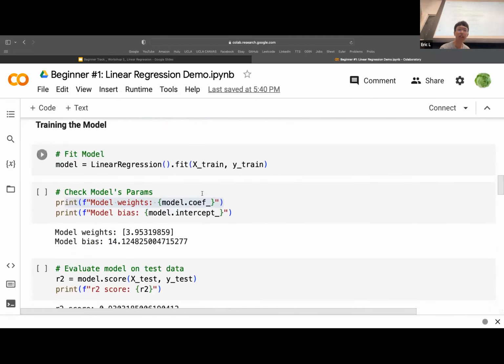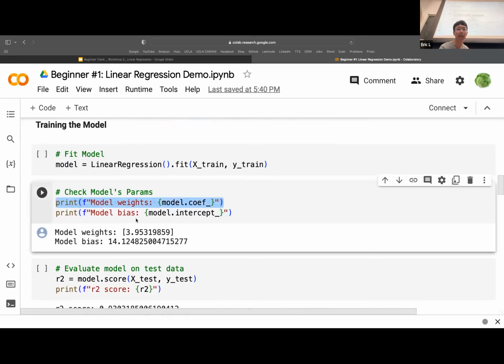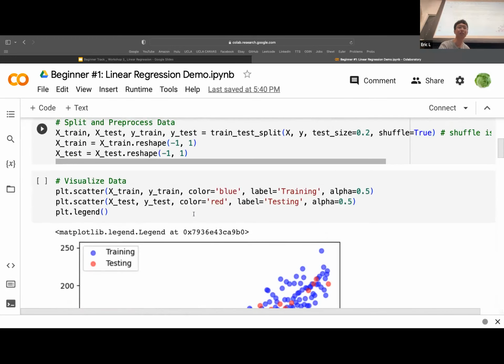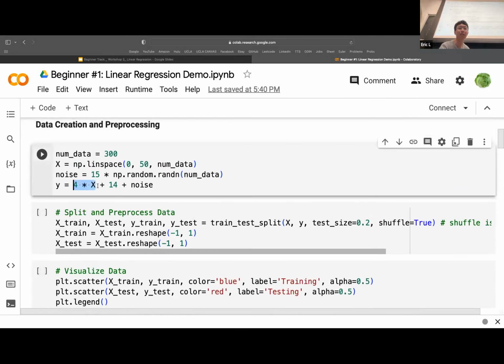If you take a look at our weights right here, 3.95, pretty close to 4, right? So our model's doing a pretty solid job. Given that we've applied the same operation that drastically changes our data, that has effectively modified the average weight of the data that's outputted by our model.